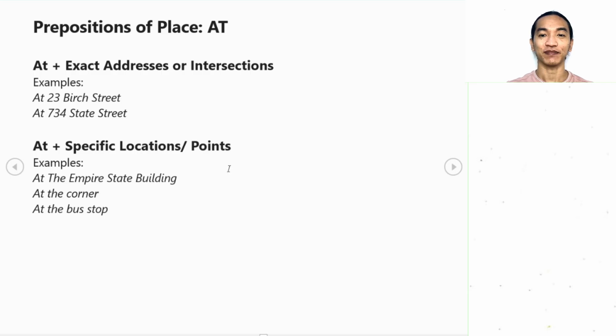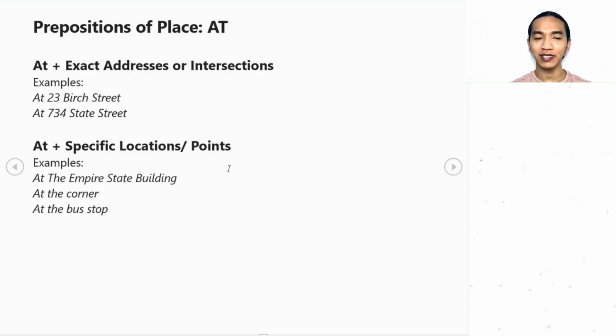So the last one, we have the preposition at. When we're talking about an exact address or intersection, we use at. Example, at 23 Birch Street, at 734 State Street. And when we're talking about a specific location or point, we also use at: at the Empire State Building.